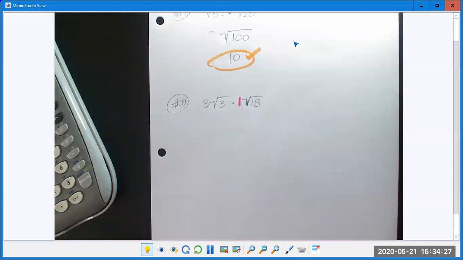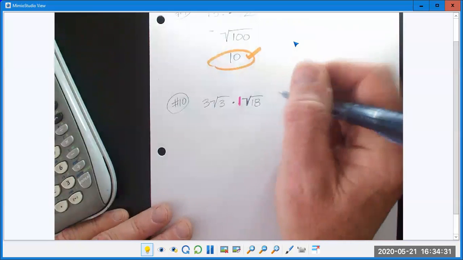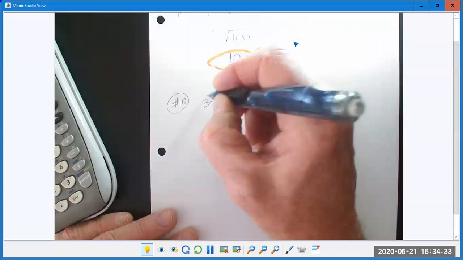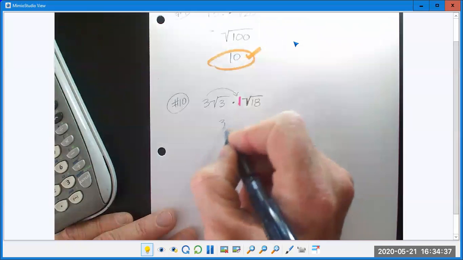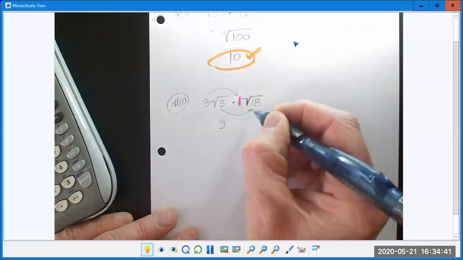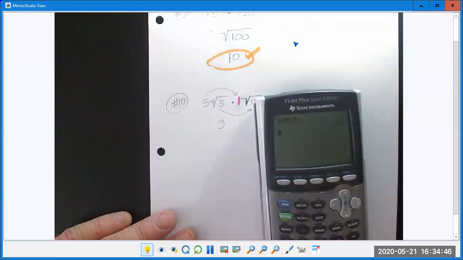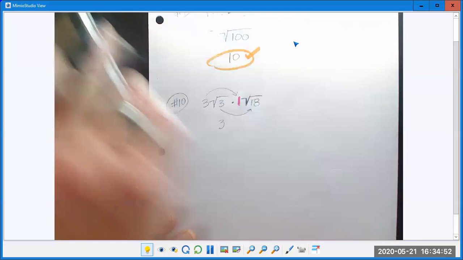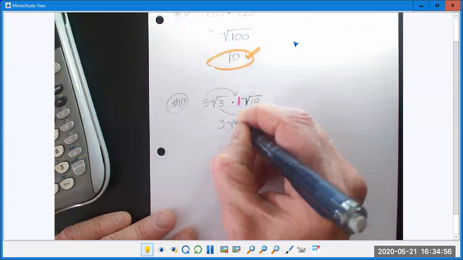We just don't put it there, just like we don't put 1 in front of a variable. So all I would need to do with this one is 3 times 1 is 3, okay? And then I'm going to do my radical 3 times radical 18. So I can simply do 3 times 18, which equals 54. So I have 3 radical 54.